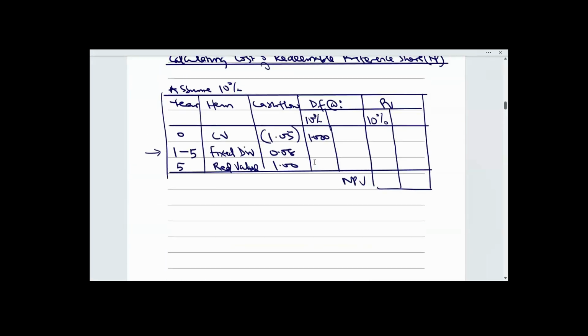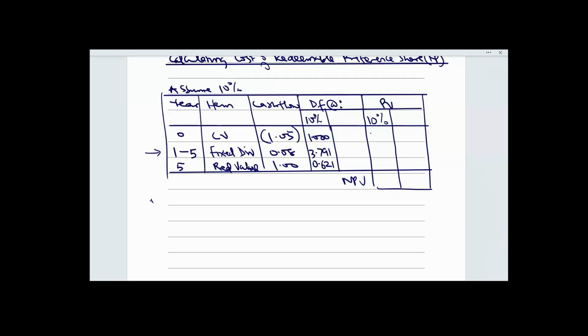So let's go and put it down. 3.791. So discount factor at 10% for year 5 will give us 0.621.